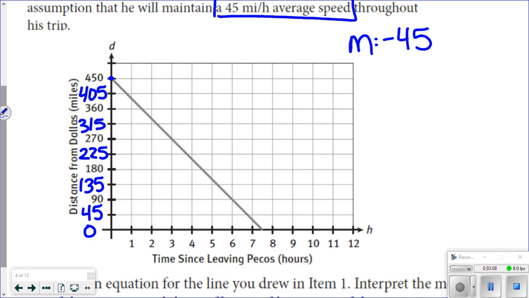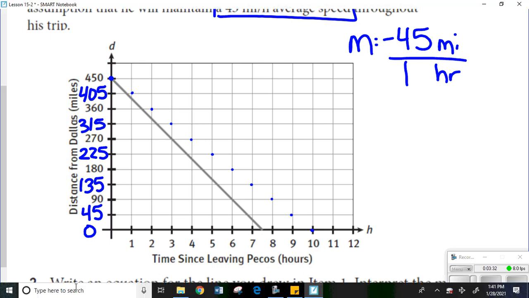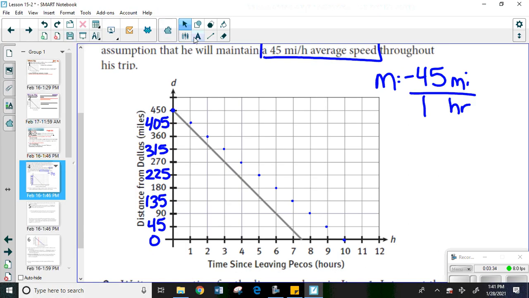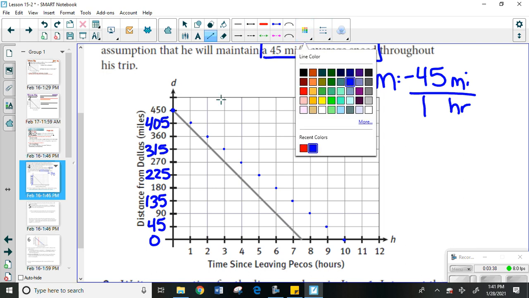And I'm going down 45 miles per 1 hour. So go down one box over one. Down one over one. The whole way. And it's really important that you use a straight edge to connect these dots.